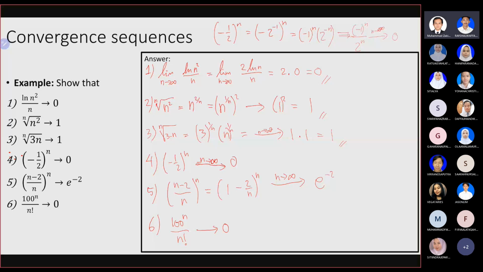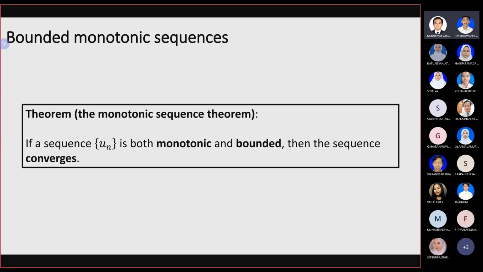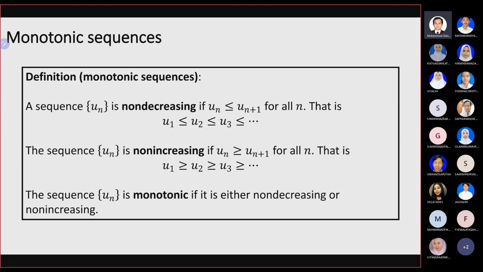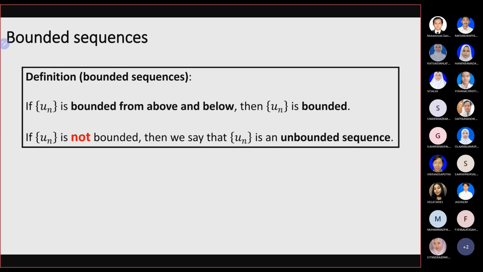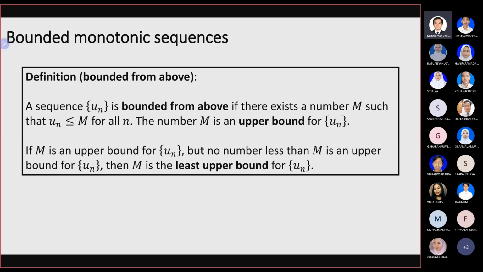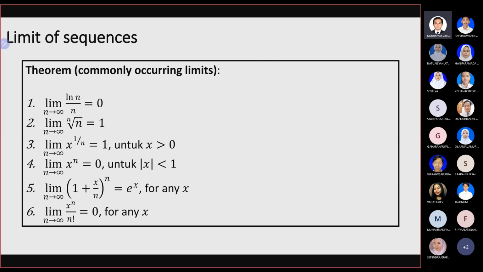Sir, saya agak lost. Ini yang nomor 5 tuh. Kenapa enggak 0, Sir? Malah jadi e. Untuk sekarang kamu percaya dengan saya dulu ya. Kamu percaya dengan saya dulu kalau ini benar. Oh, aduh, saya lupa lihat ininya.